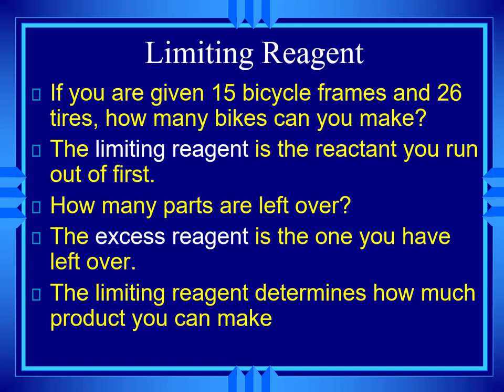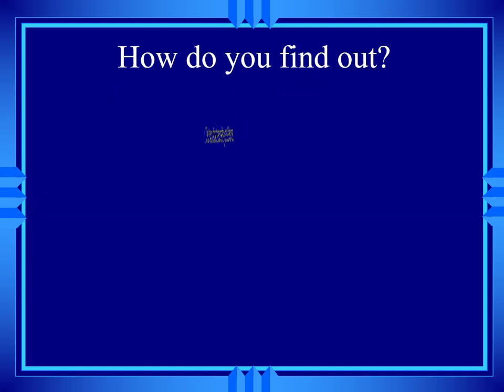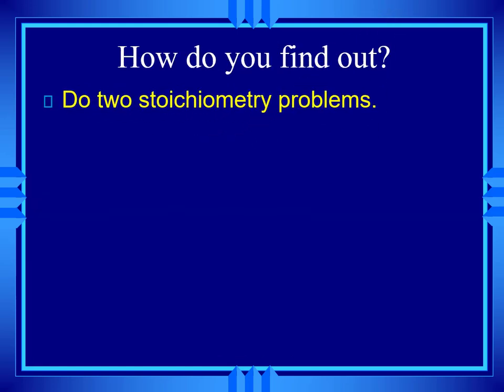So, everybody can figure it out with bikes? The math's pretty easy? Well, the same math applies to chemicals. Okay? We're not going to do any different math. We're going to figure out how much we can make twice and figure out which one makes the less. So you're not going to be able to do it in your head. You're going to have to do stoichiometry problems. So you do 2 stoichiometry problems and turn them into the same product.